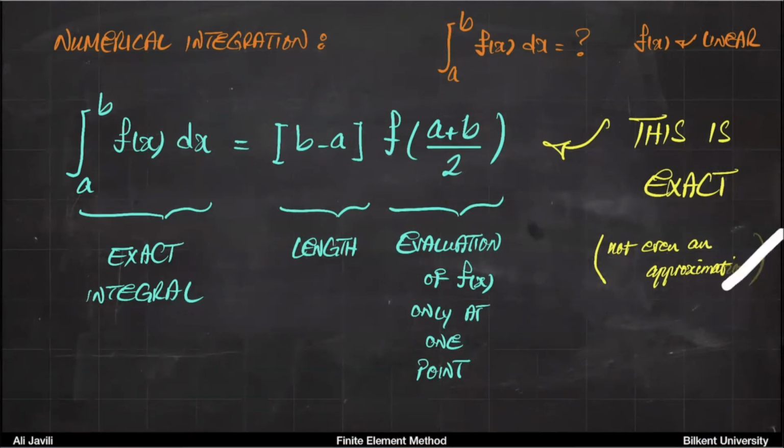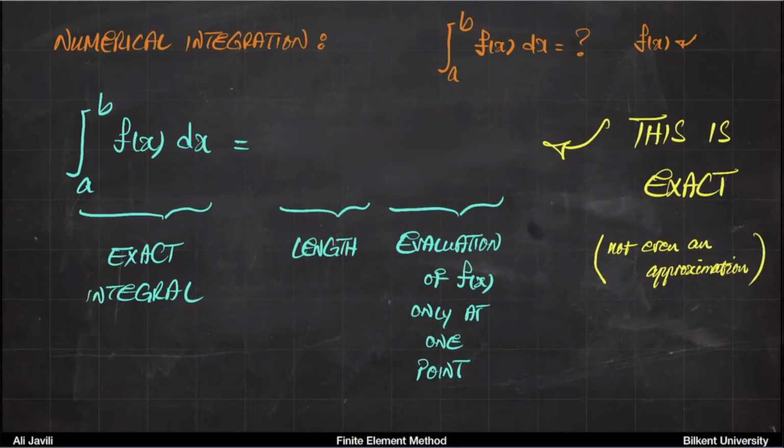Okay, so this is the next thing we want to do. We want to know if f was now a quadratic function, what could I write here if f was quadratic?